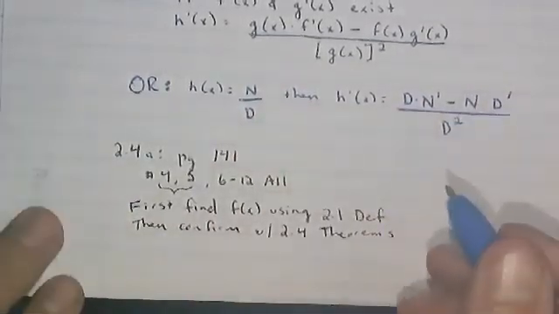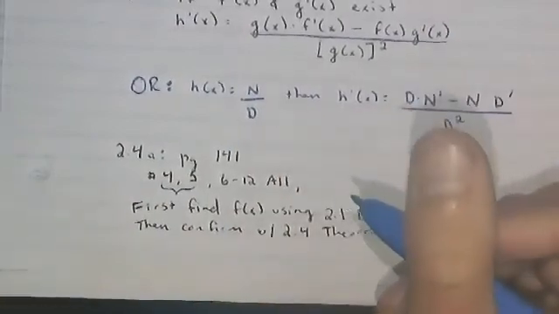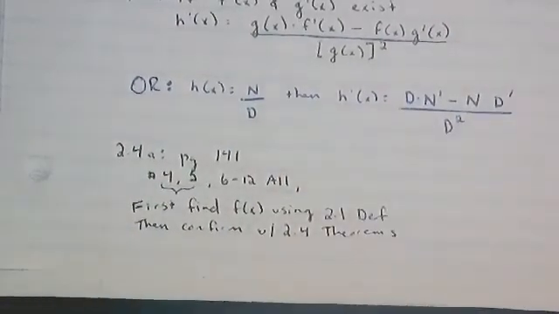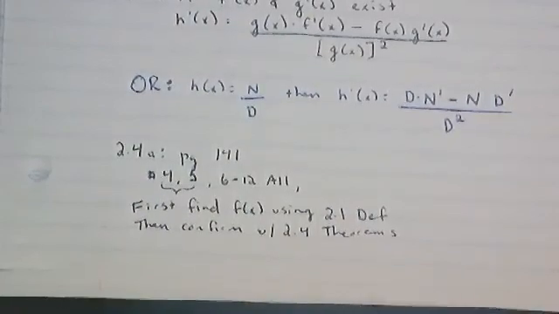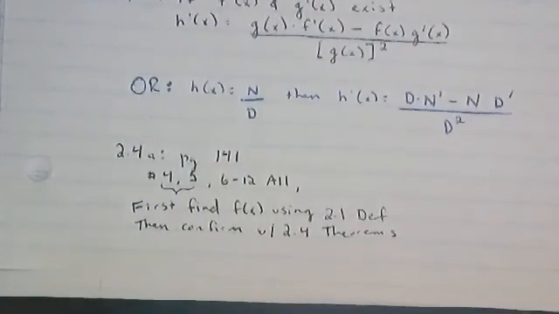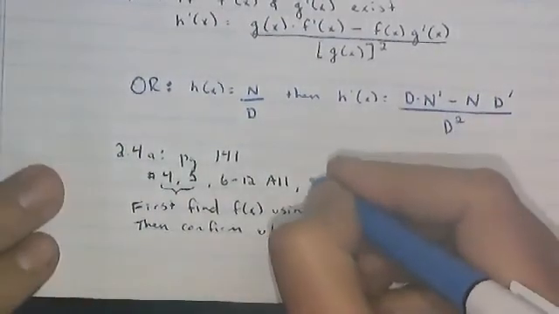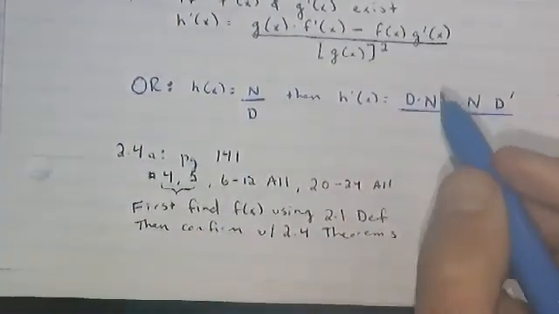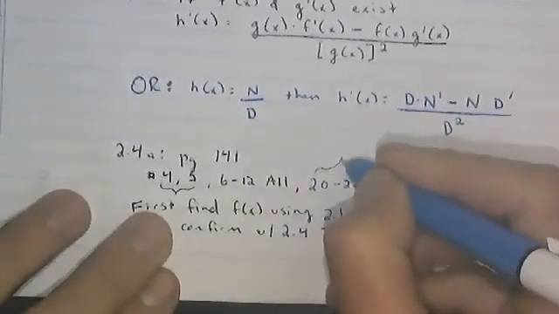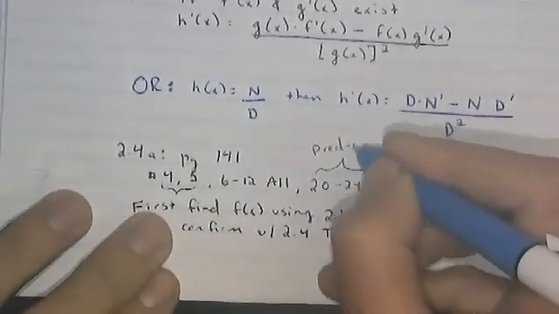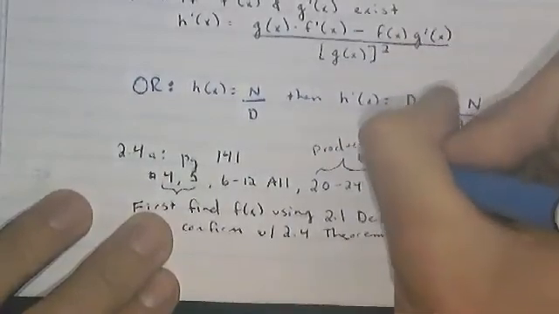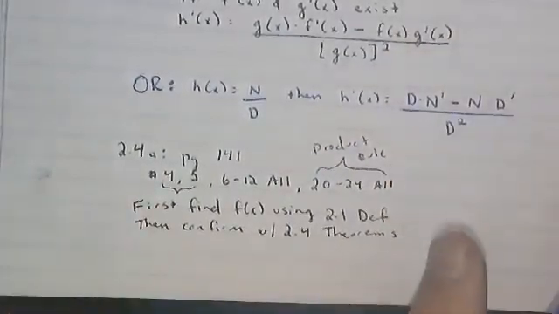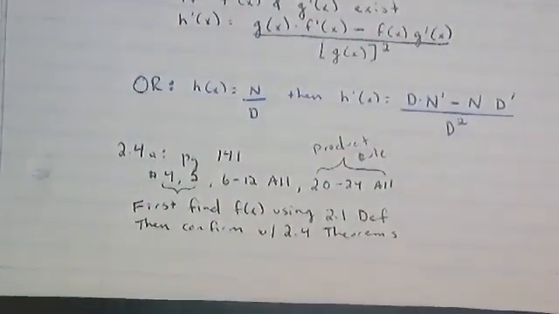You're going to see that's going to take you very little time. And then you're going to do 20 through 24. Those are going to be product rule. I'm not assigning any quotient rule because we didn't do an example, but you will have some in 2.4b. Okay. Stop recording.